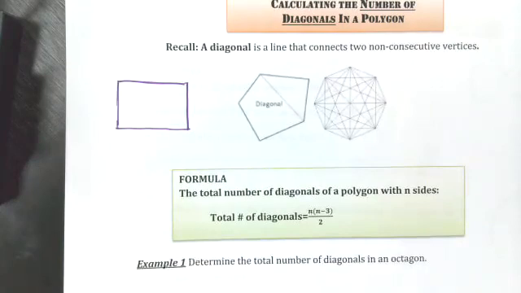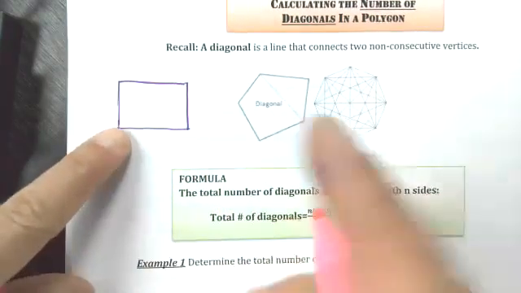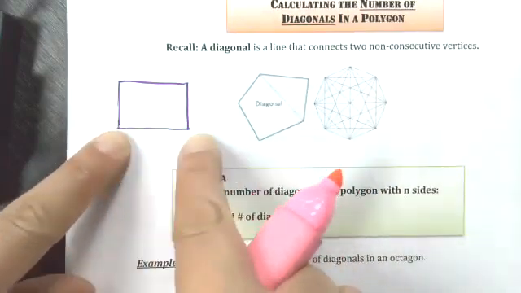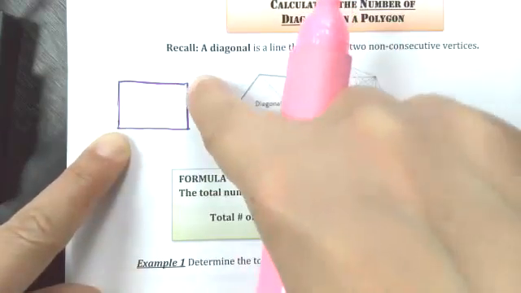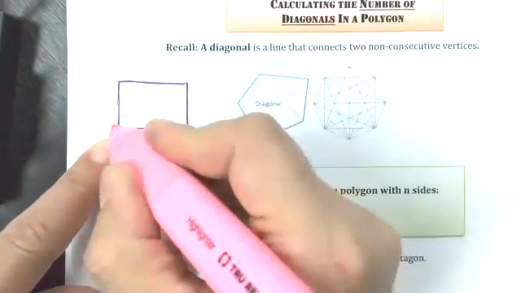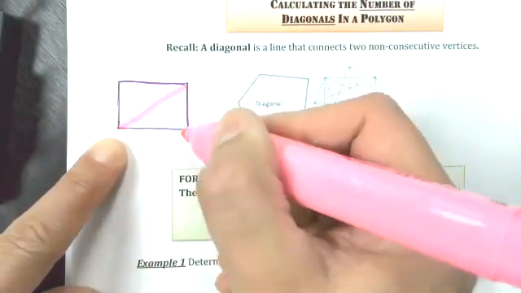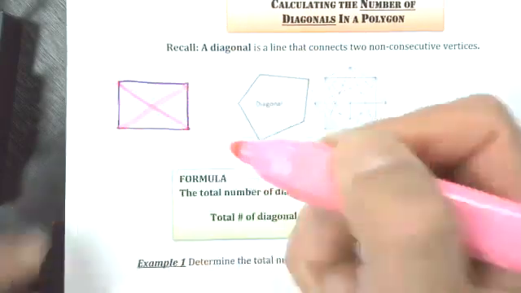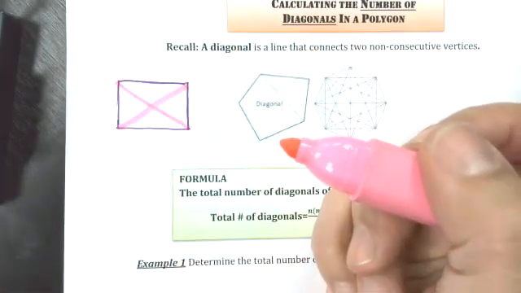But the only possibility of those would be the opposite vertices, right? Because these two would be adjacent, so you couldn't unite them, right? And this would be the non-consecutive one. So then you would draw the diagonal over there. And then you would have these two as well that are non-consecutive. And that's what they call diagonals.